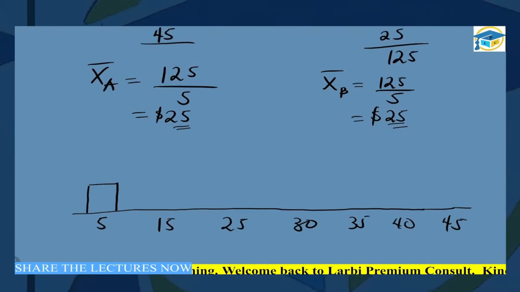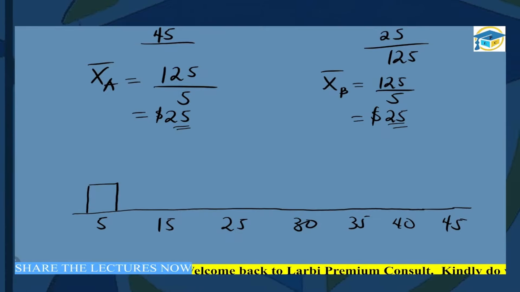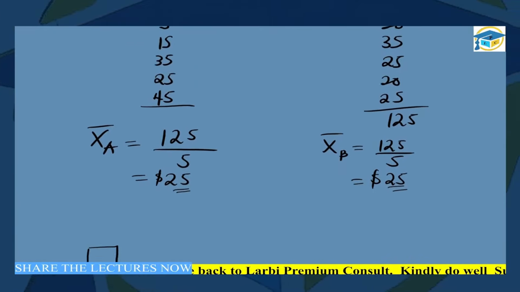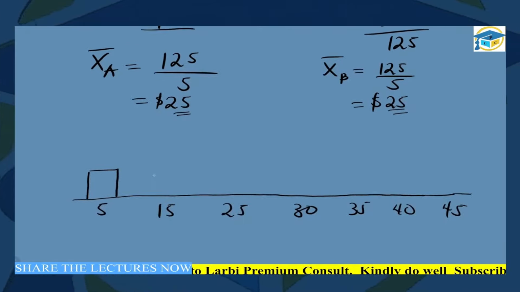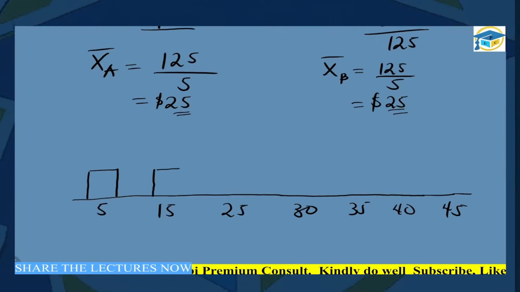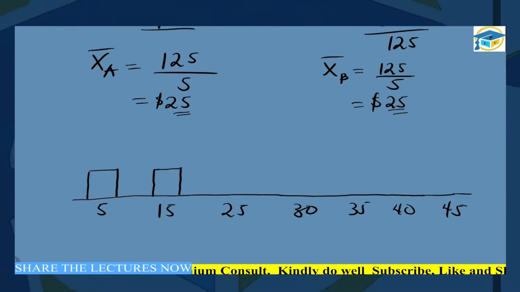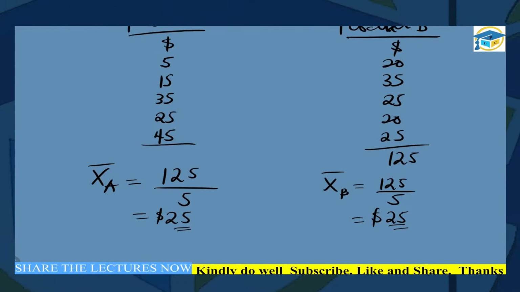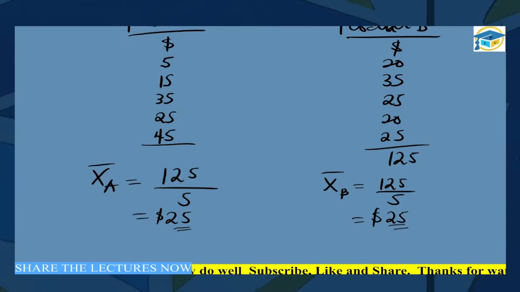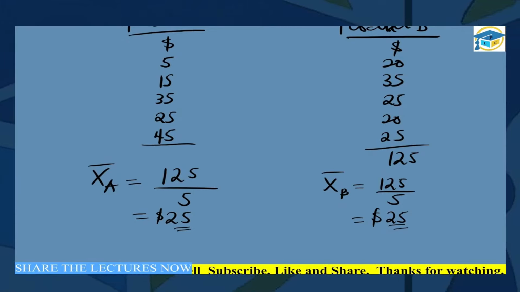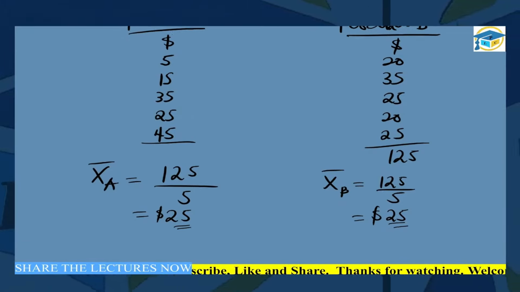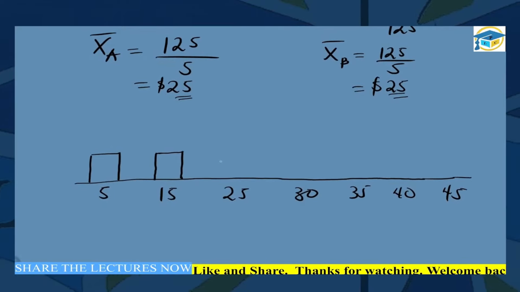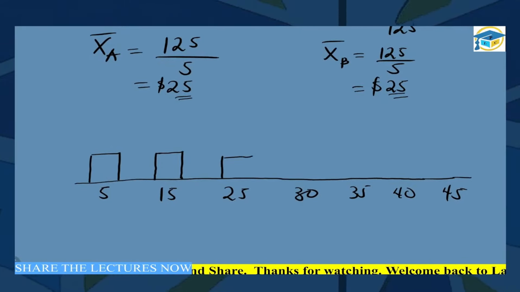In terms of frequency, I'm putting 1 for 5, and then 15 was also 1, on the same line. And then 25 is actually 1. So we just pull it like that.